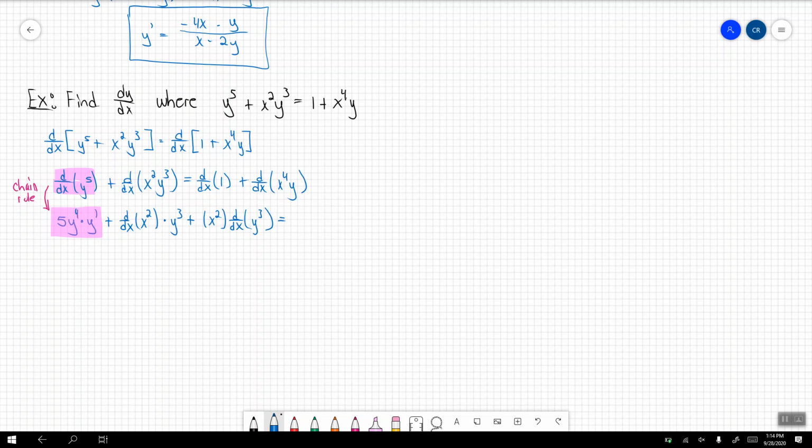There we go. Again, this was the product rule. Nice.